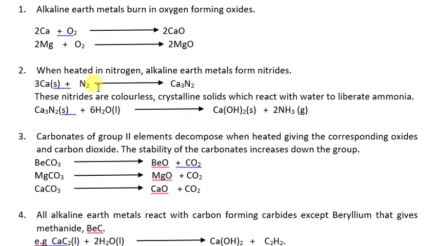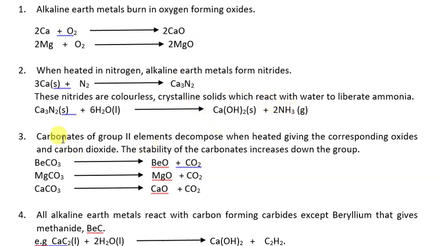These nitrides are colorless crystalline solids which react with water to liberate ammonia. So unaona mfano ni calcium nitride, ambayo reaction na water pale tunaenda kuform calcium hydroxide and ammonia.